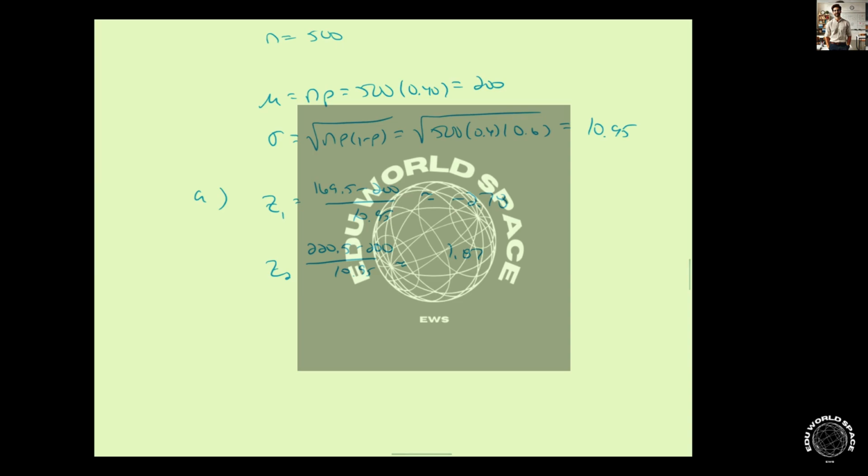So, the probability of being between 170 and 220 inclusive is about the same as the probability that the z-score is between negative 2.78 and 1.87.